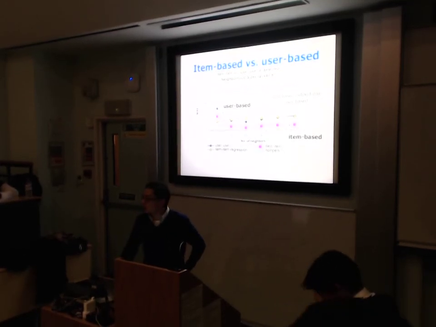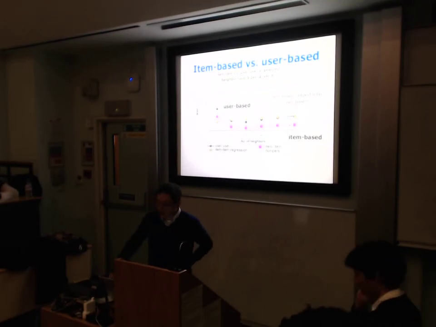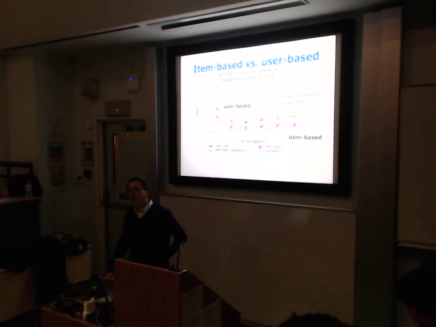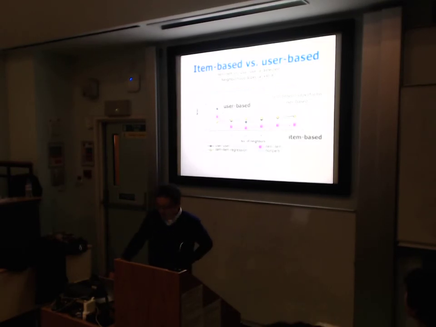When I say stable, I mean that when two users are similar for the ratings they made in the past, they are also similar in the future. If that is the case, then the prediction would obviously be good.